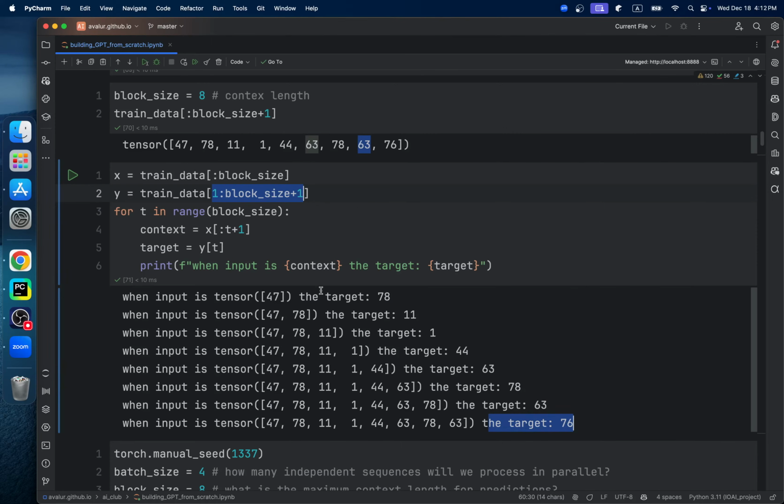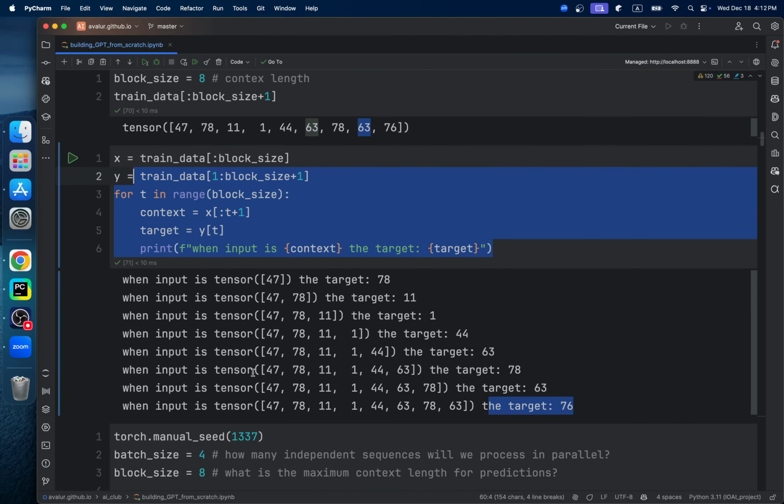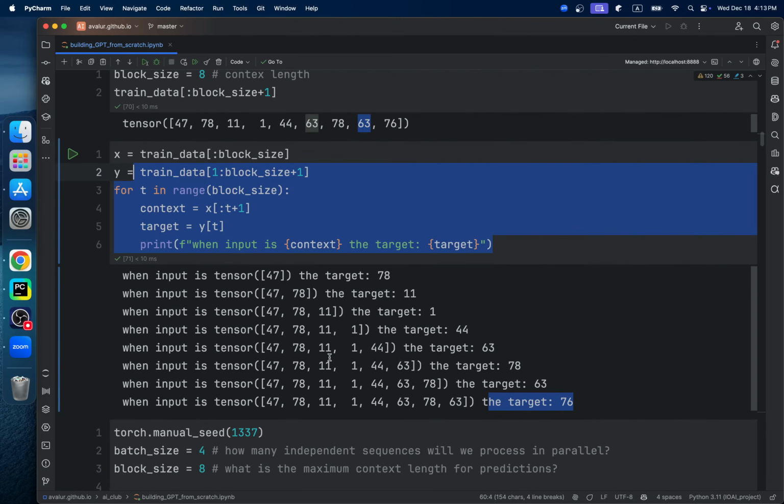So based on one sequence, we create eight pairs of objects and answers for these objects. It means that here we want to predict the next character based on no more than 8 characters in the window.